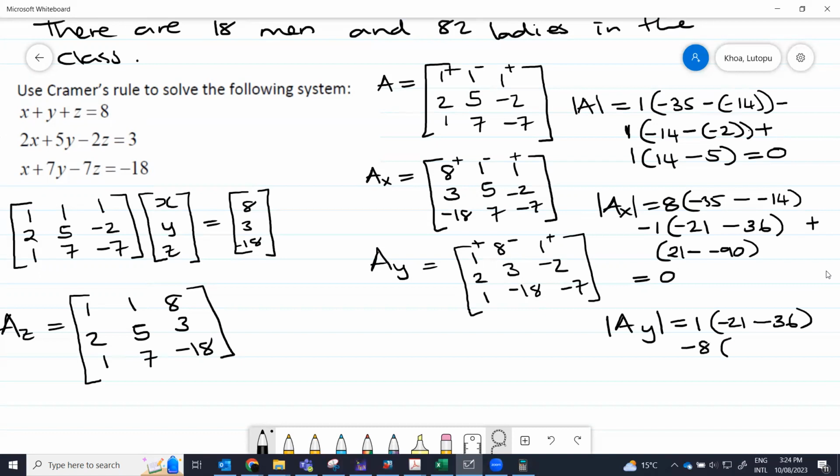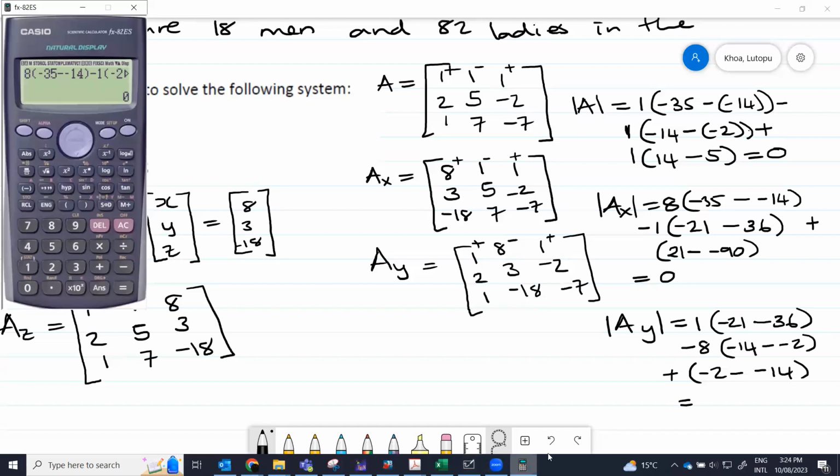Then we have 8 times negative 14 minus negative 2, then plus because of that plus there. We have 1 times negative 2 minus negative 14. Okay, then you work this out.